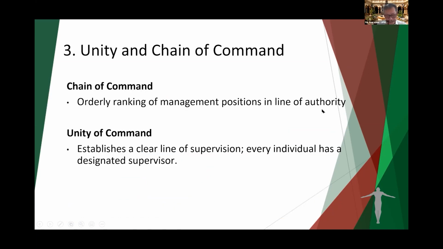Now, the third characteristic of an ICS is unity and chain of command. When we say chain of command, this is the orderly ranking of management positions in line of authority, while unity of command refers to the establishment of a clear line of supervision where every individual has a designated supervisor.